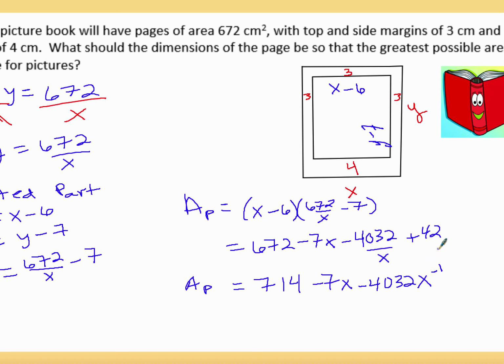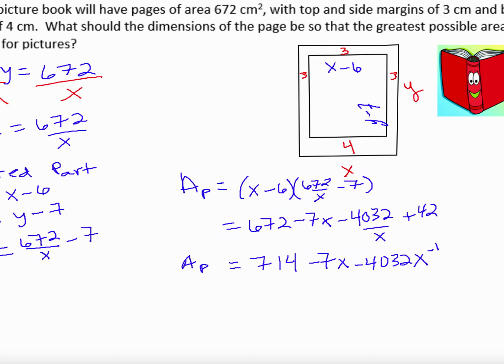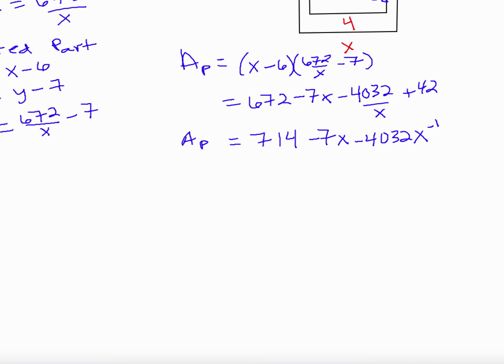Now I'm going to find the maximum, my extrema. I need the first derivative for that. The derivative of the printed area: the derivative of 714 is 0. The derivative of negative 7X is negative 7.